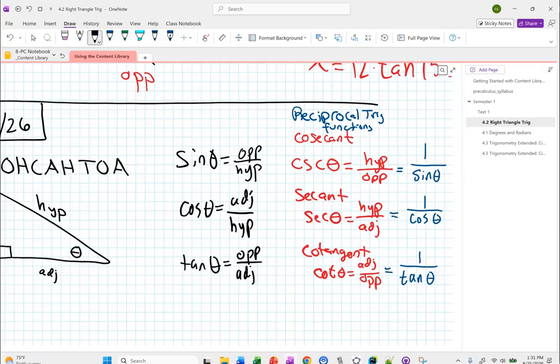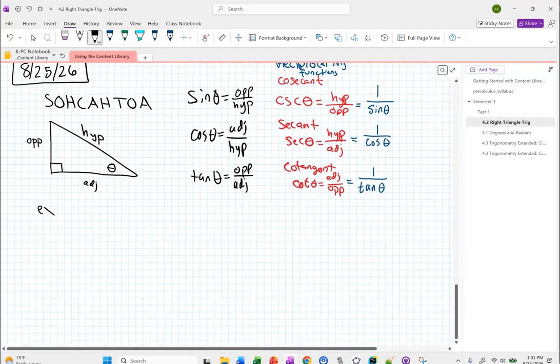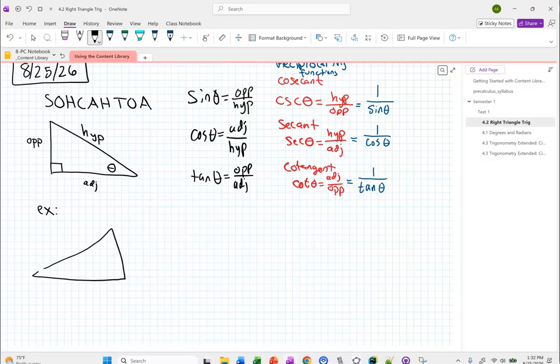Okay. So what I want to do now is just do a couple of example problems. So let's say we have this right triangle and we're asked to write the 6 trig ratios.